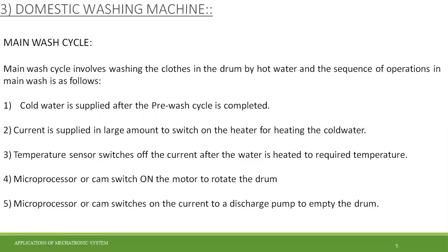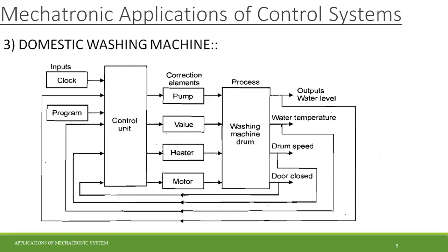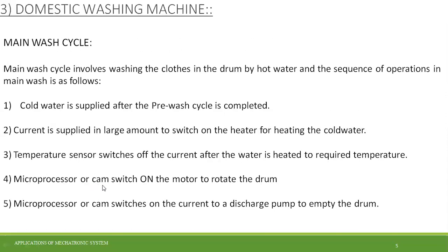Generally, as in the previous application in this diagram that we have already seen, the heater and microprocessor or cam switch on the motor to rotate the drum after attaining a particular temperature. Finally, this microprocessor or cam switches on the current to a discharge pump to empty the drum. This is the second process, main wash.